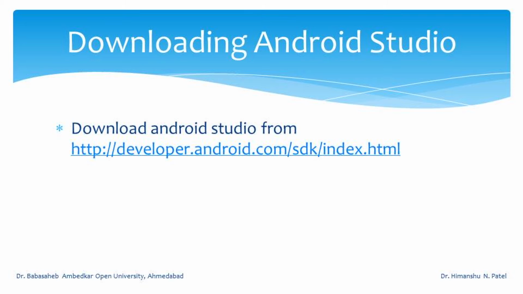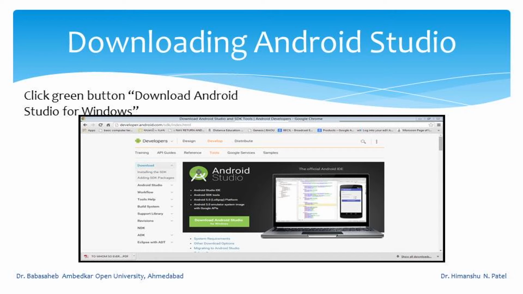When you type this URL in your browser, it will open this screen. Here you can see the Android Studio download home page, and there is a green button to download Android Studio for Windows. First of all, you have to select whether you want to download it for Linux or Windows. Here we considered Windows.